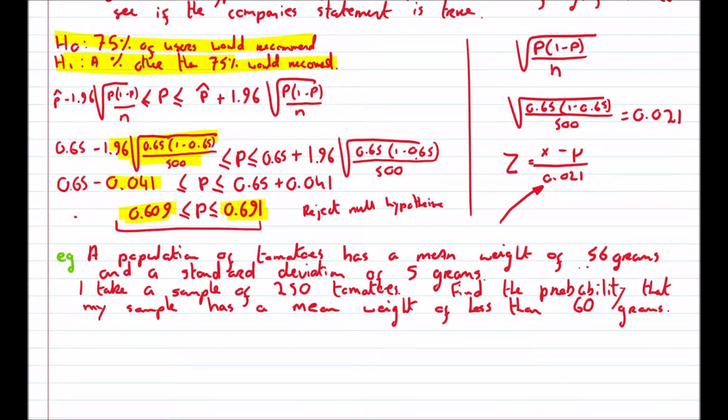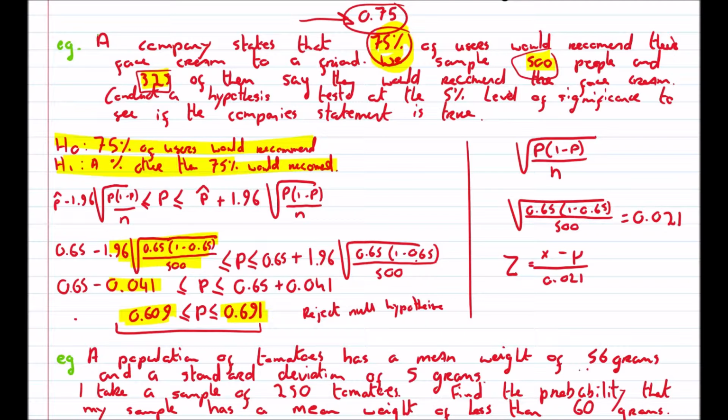So that's why we've done that. So our figure then was 0.65. The figure though up here is 0.75 changed into a decimal. And we get a z-score then of minus 4.76.